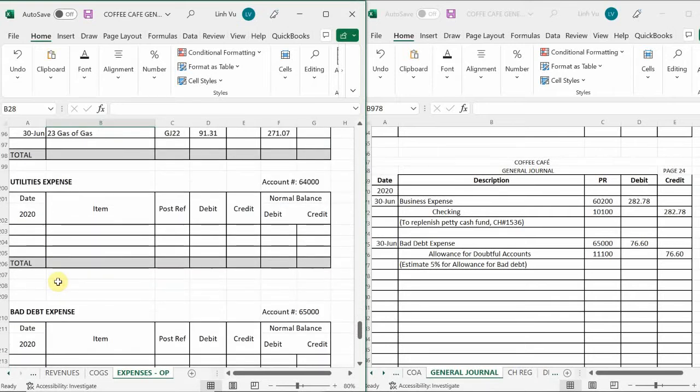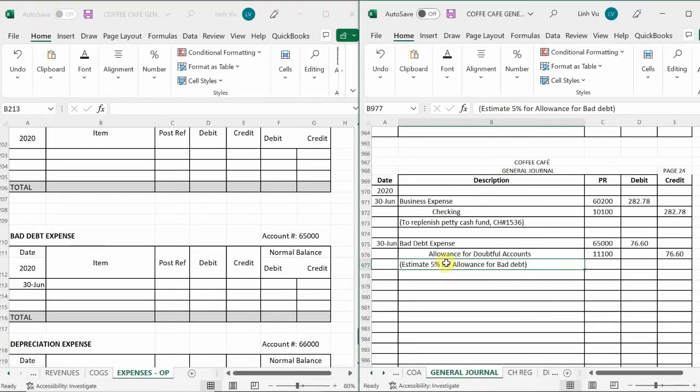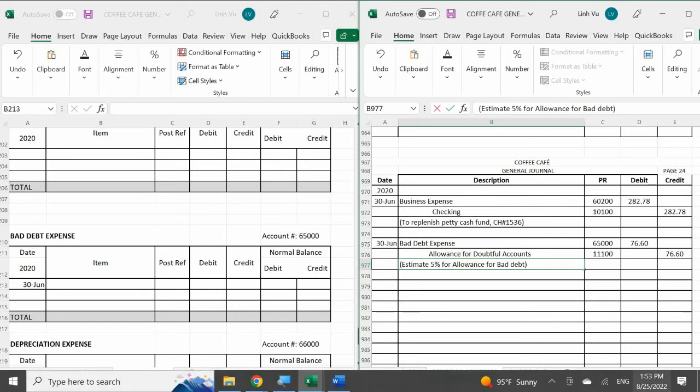All right, here you go. Bad debt expense. Oh, actually, hold on. You want to say this is estimate 5%? 5% of what? Of accounts receivable. So A/R is an accounting acronym for accounts receivable.